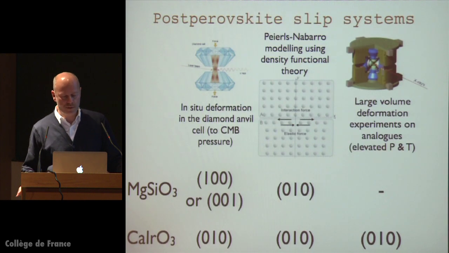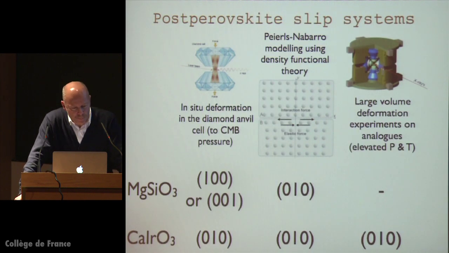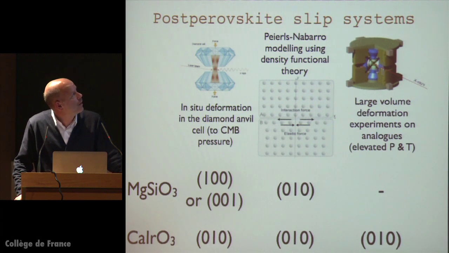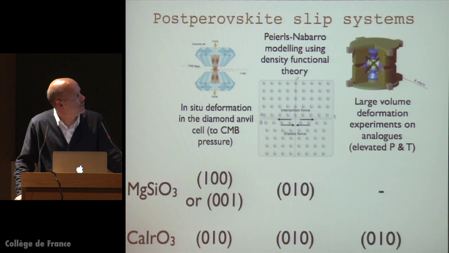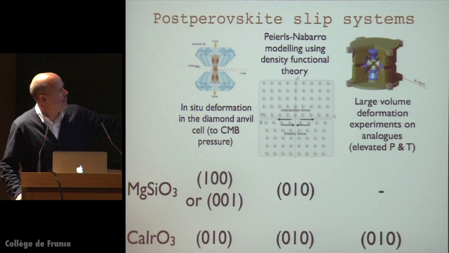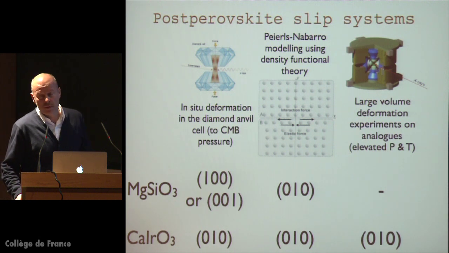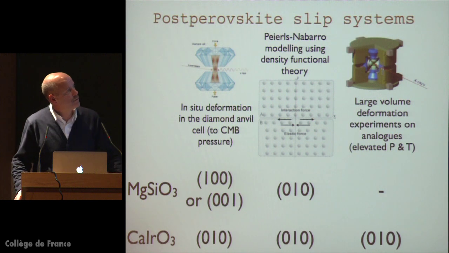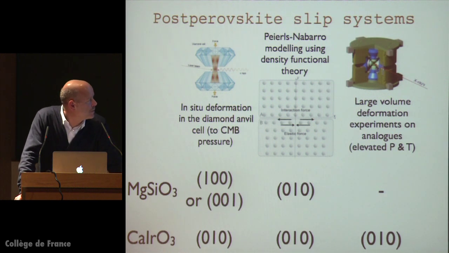So for our work, we've just taken from the literature, it's probably a bit out of date already, what we think are the slip systems in post-perovskite. For example, we've taken results that are derived from in situ deformation in a diamond anvil cell, then results based on density functional theory modeling, and then finally results from large volume deformation experiments.